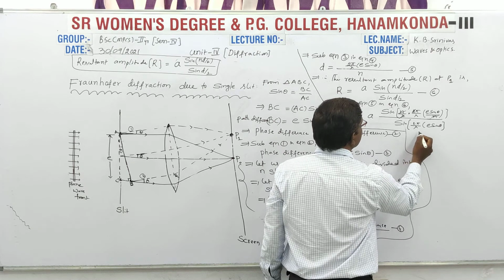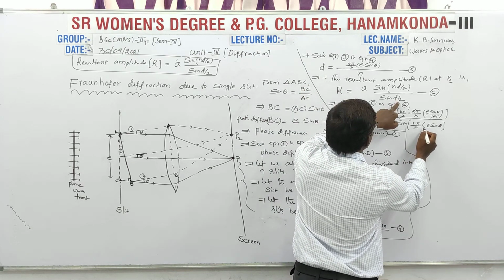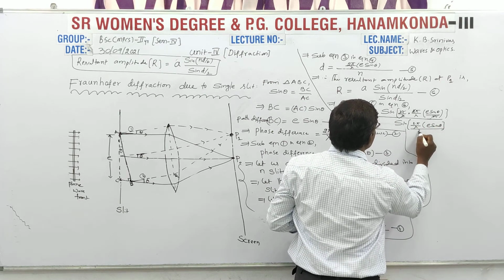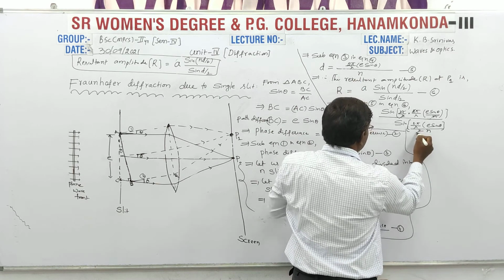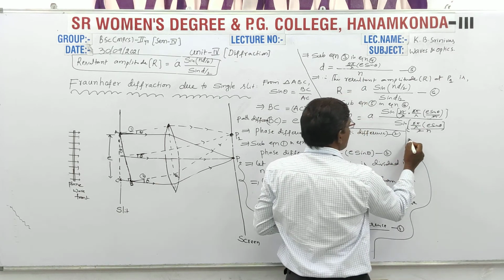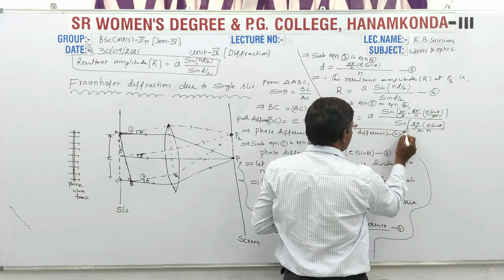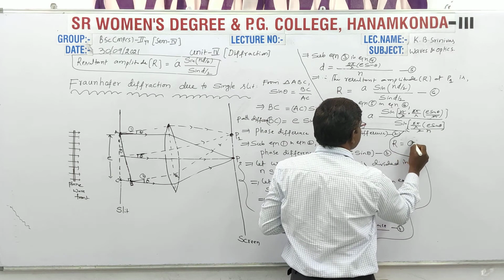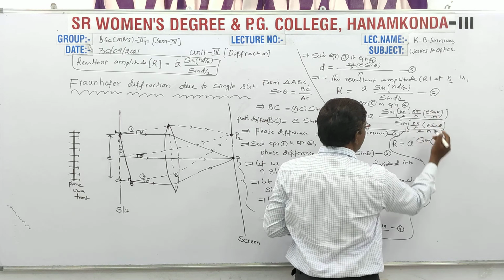Already in the d value we have one n, and the 2 gets cancelled. So R, the resultant amplitude at P1, is equal to A sin of, what are the terms that remain in the bracket?